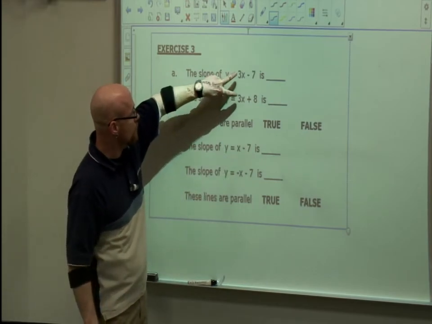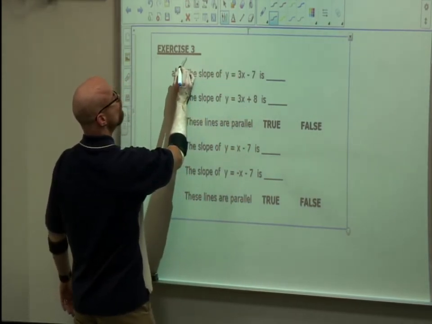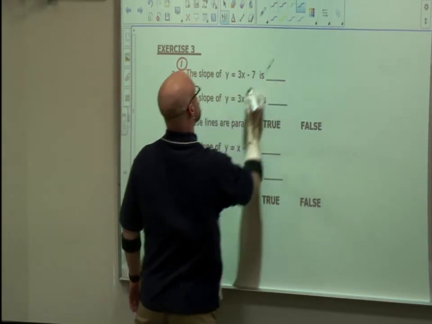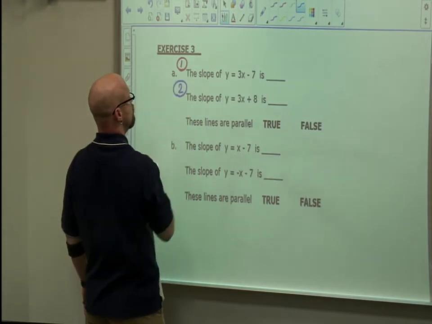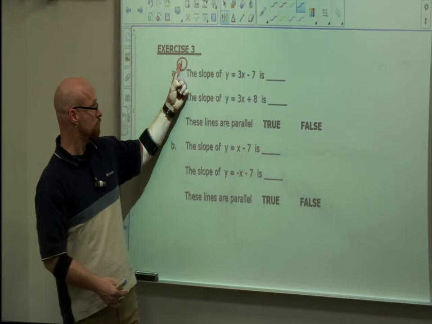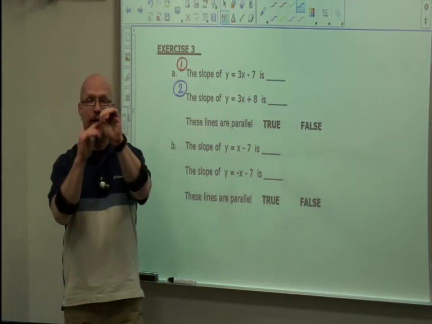So here, the first equation has m equal to 3.